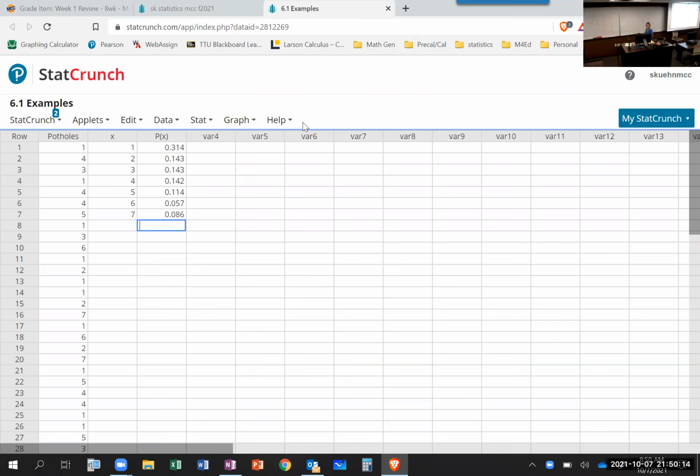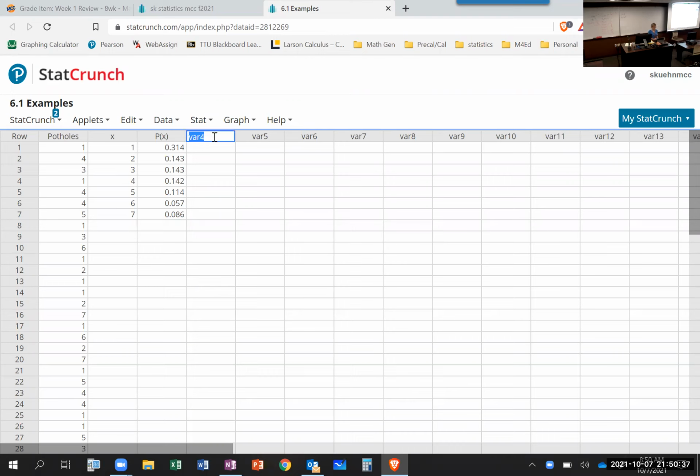Now, the question that we're supposed to be answering here would be the expected value, right? How do I find the expected value from the probability model that we see here? Multiply X by P of X, and then add them all together.